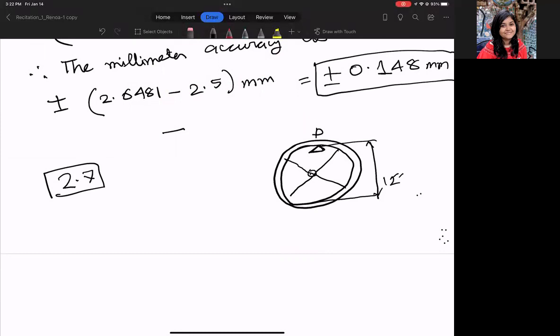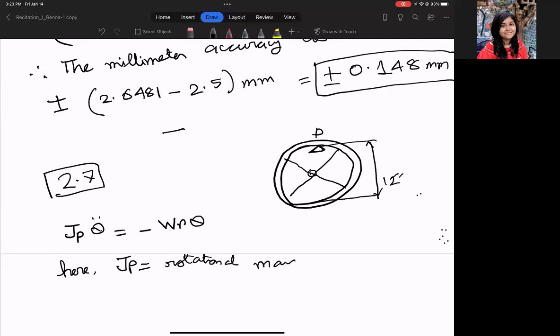So we can write that JP theta double dot is equal to minus WR theta. Here JP is the rotational mass moment of inertia about point P.